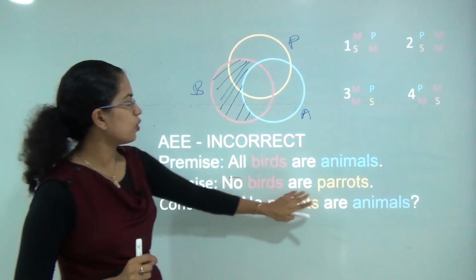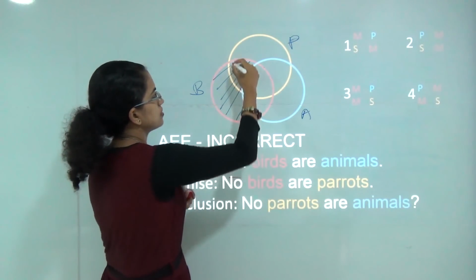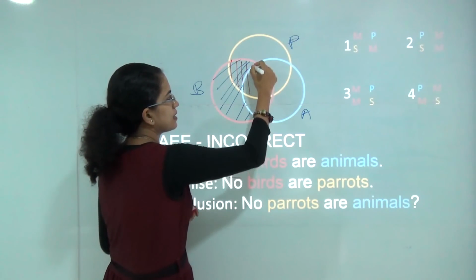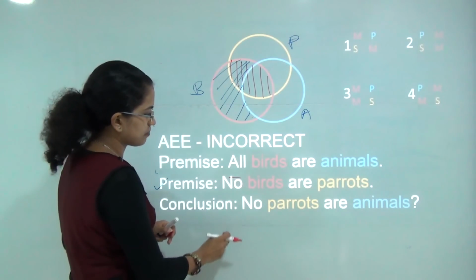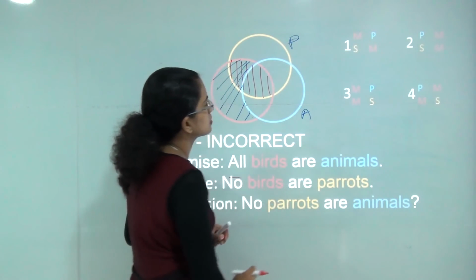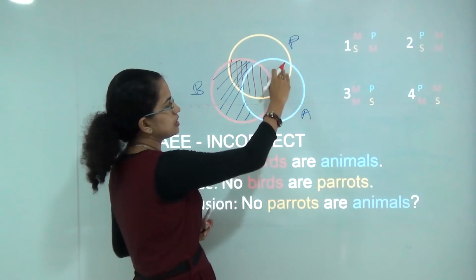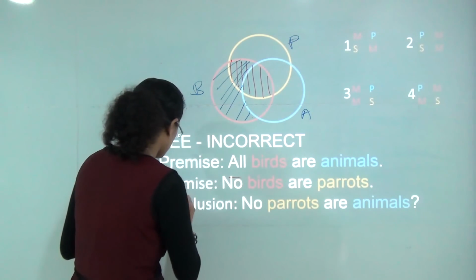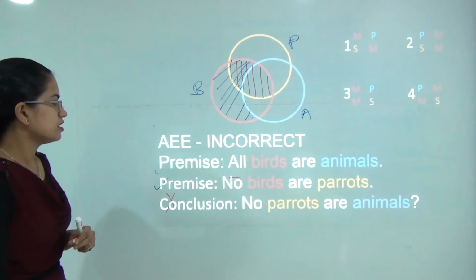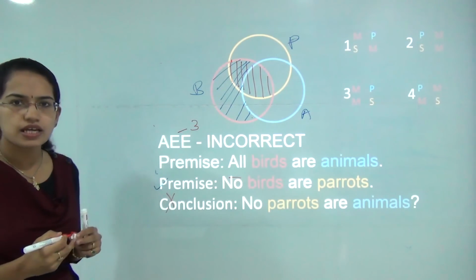And next is no bird is parrot, means none of the birds would fall in this region. Now I have a statement, no parrots are animals. That we can obviously see is incorrect because there is a region of intersection of parrots and animals. So that conclusion comes to be invalid. So this is an example of AEE 3 and that comes to be incorrect.